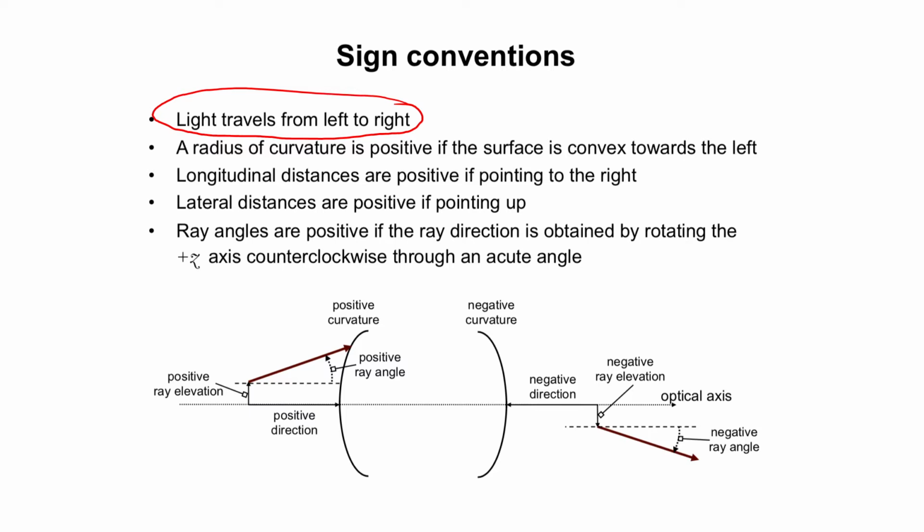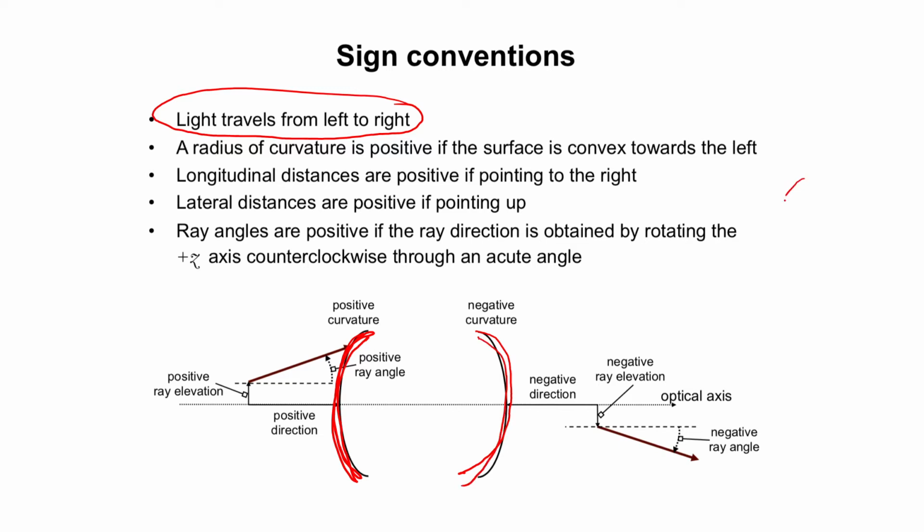So we would consider radius of curvature is positive if the surface is convex towards the left. This surface here is convex towards the left, so we consider this as a positive curvature, whereas this one is convex to the right, so we would consider this as negative curvature.